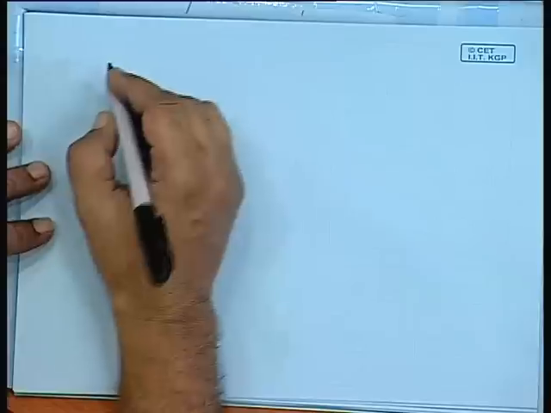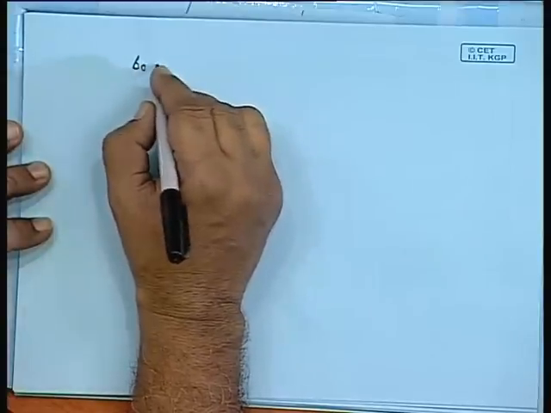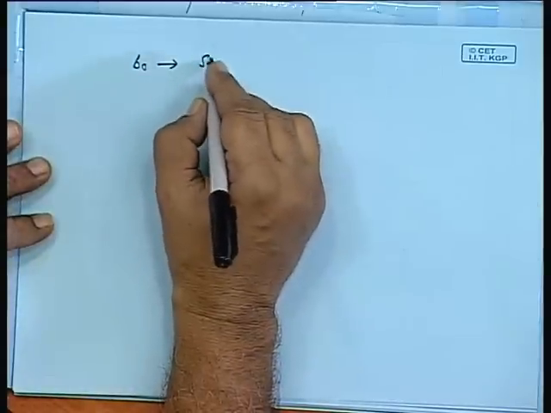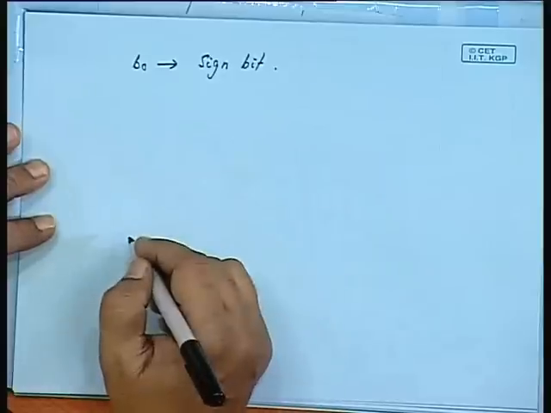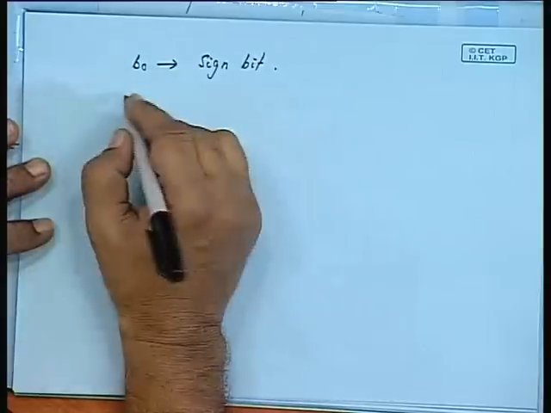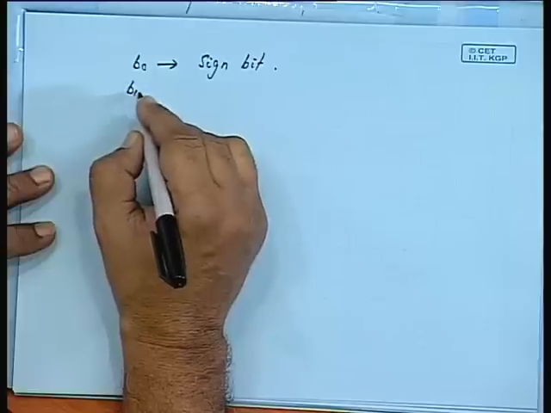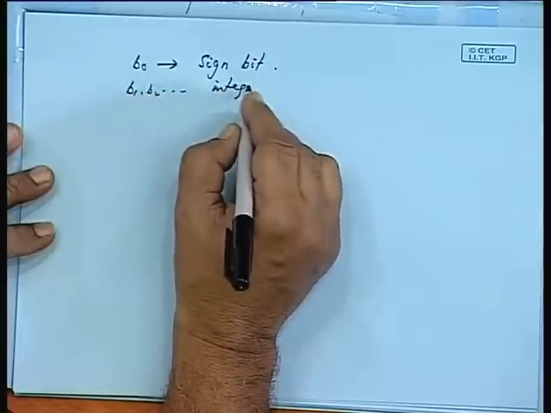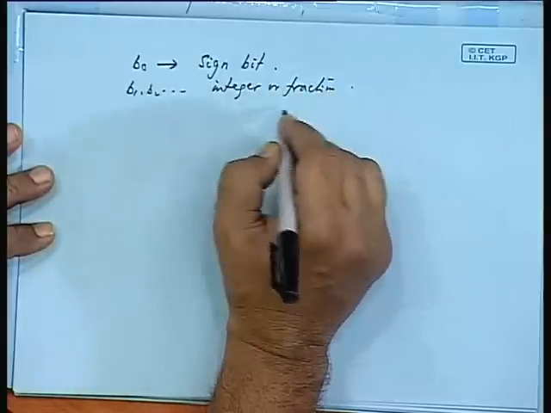Now, in the 2's complement, the leftmost bit is representing the sign, okay, and rest of them are integer or fraction. We take it as fraction. Okay.